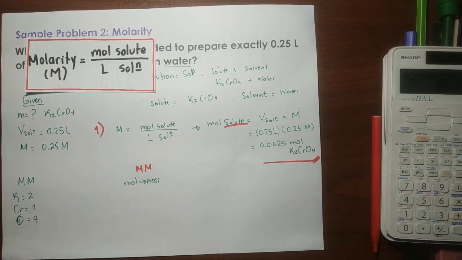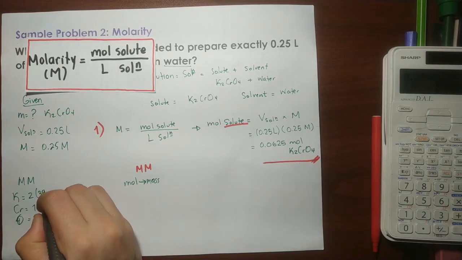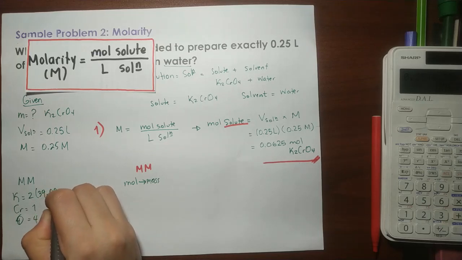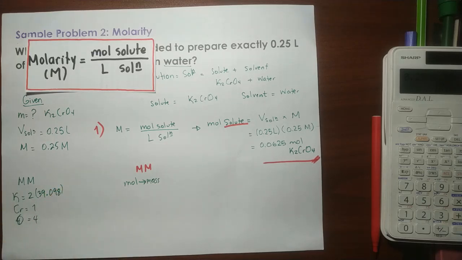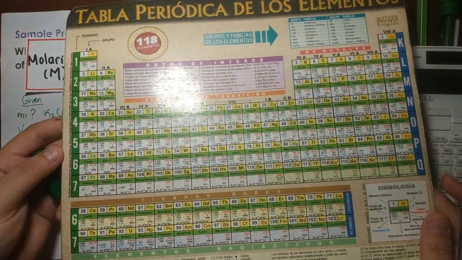Let's see. For potassium, the molar mass is 39.098. You know, this could vary according to the periodic table that you have. This is the one that I have, the one in Spanish.